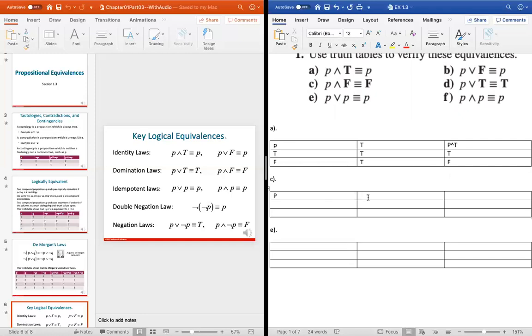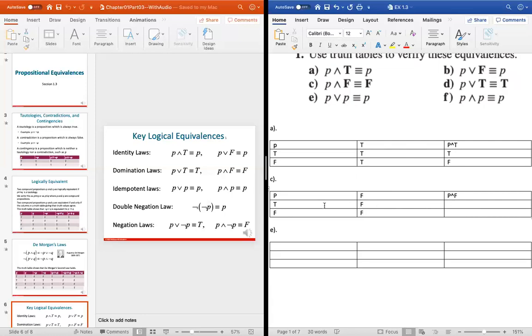So moving on to part C, we have P and false. Likewise for P, we have two possibilities. It can either be true or false. And for false, it is always false. It cannot be true.